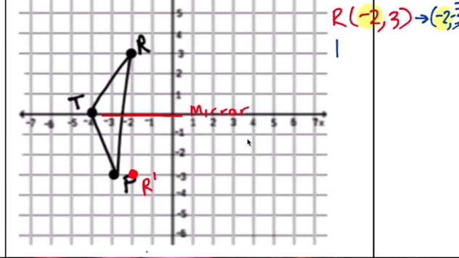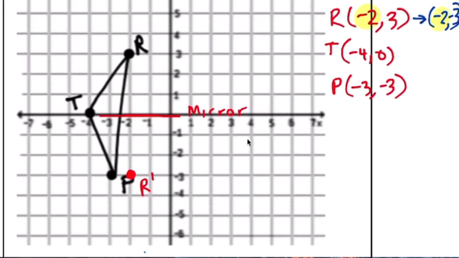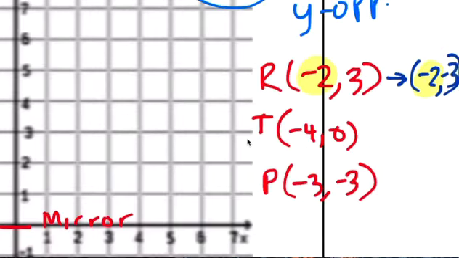T is, keep it red, T is -4, 0, and P is -3, -3. So, you're okay.